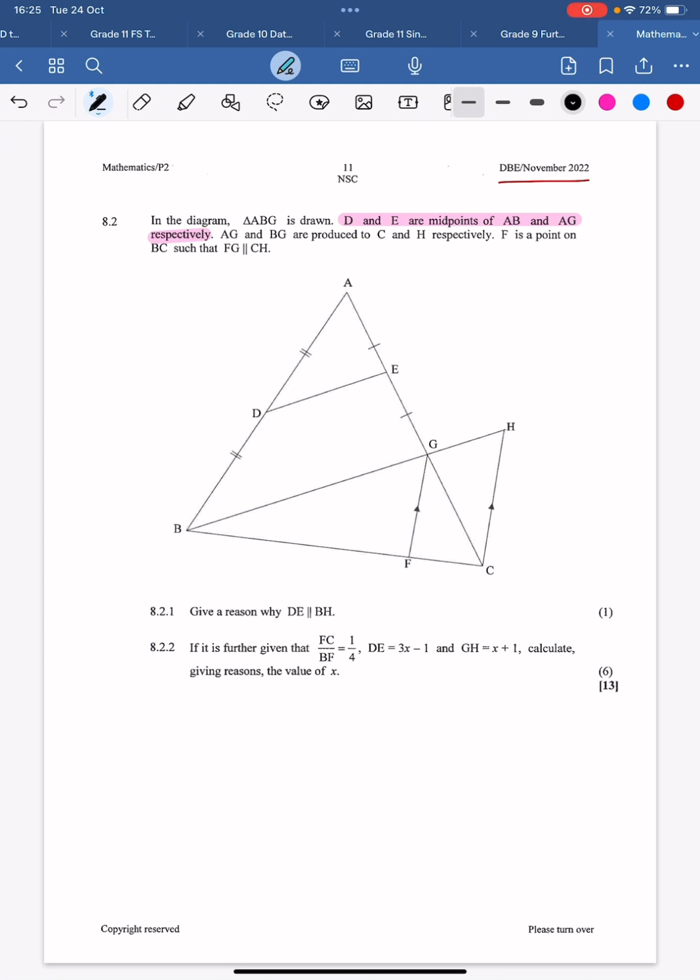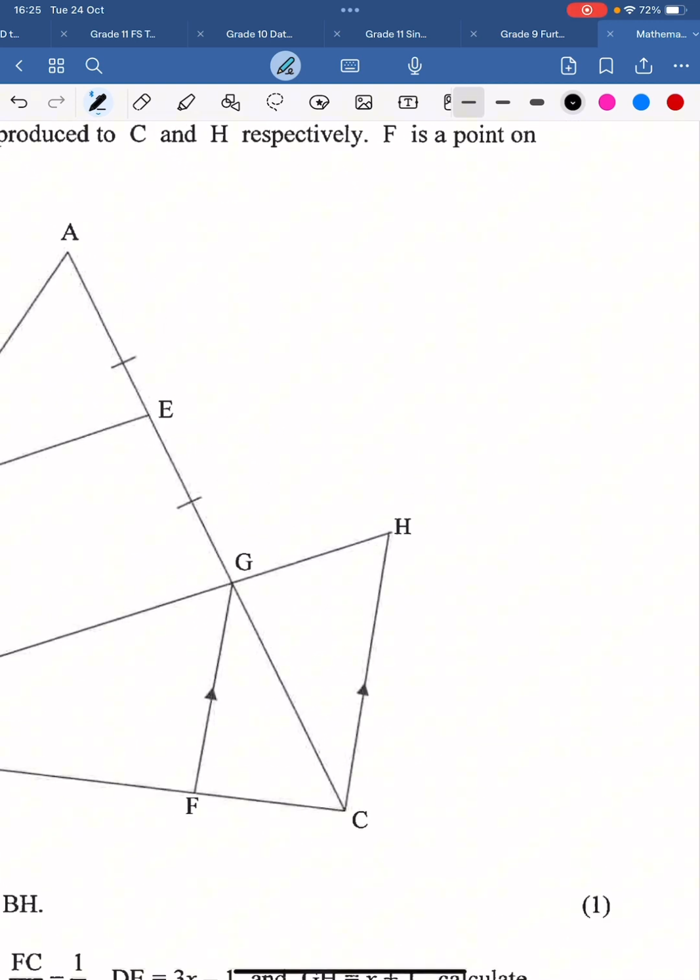It's looking that way. Now, midpoint theorem, I'm just going to write it down so that you can see, and I'm going to write it in this little block next to the diagram so that you can see how it works.